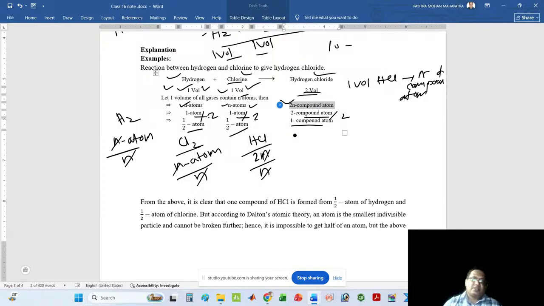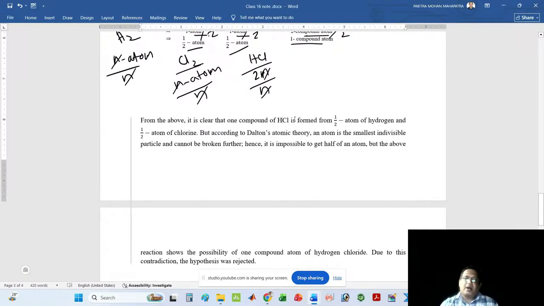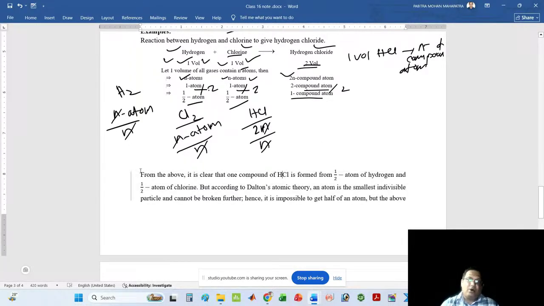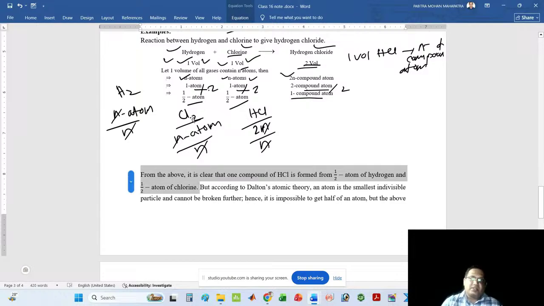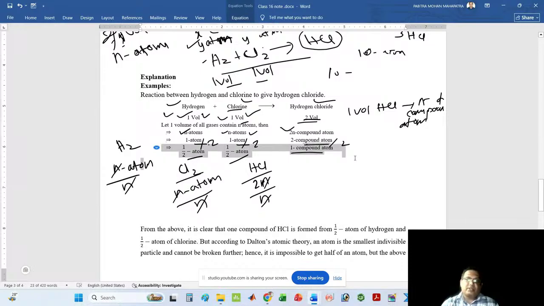From the above discussion, it is clear that one compound atom of HCl is formed by half an atom of hydrogen and half an atom of chlorine. Look at that, half an atom of hydrogen combined with half an atom of chlorine gives you one compound atom.